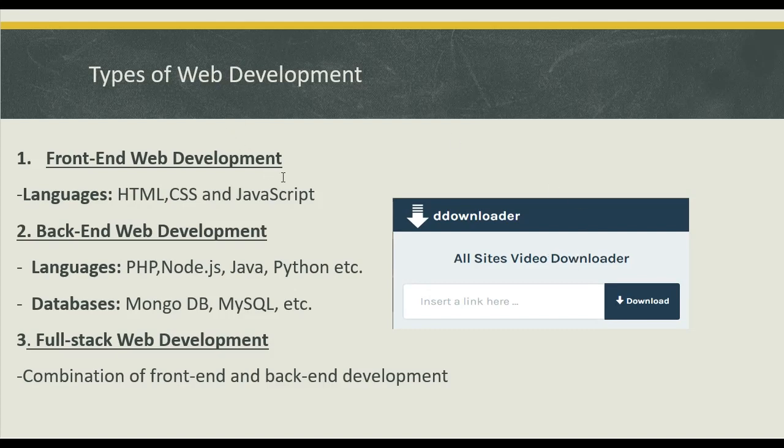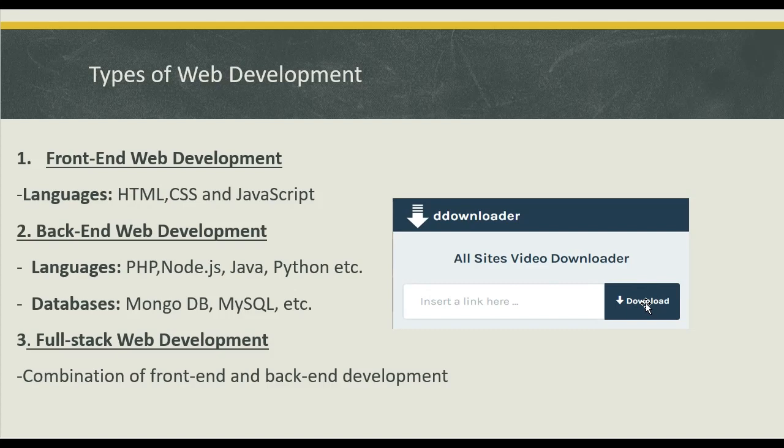Then we now have JavaScript. This is a programming language, and this is responsible for adding functionality to a particular website or web application. So for example, if we enter the link here, for example, I've taken a link of my favorite video from YouTube, then I paste it here. Then if I click this button, that's the action, that's the functionality.